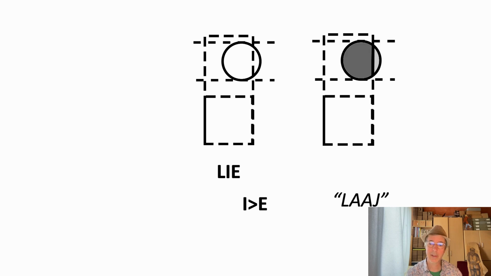So lie, as we express it, is that region that I express there on the right. To lie is expressed by this simple design.